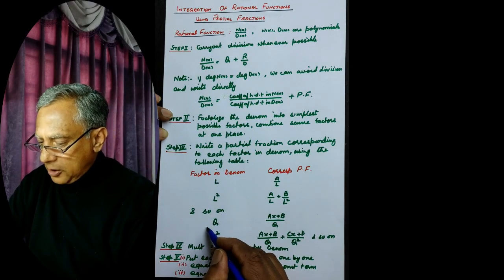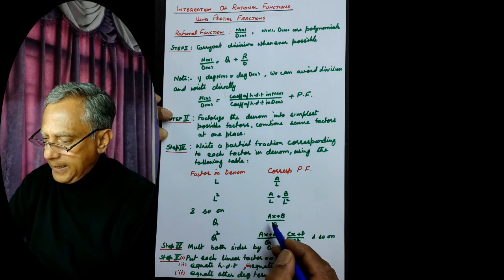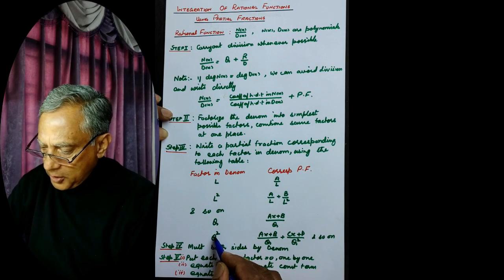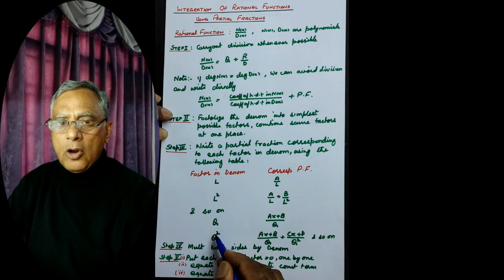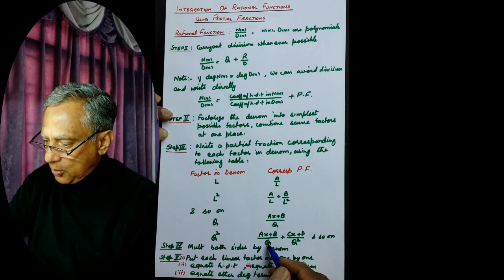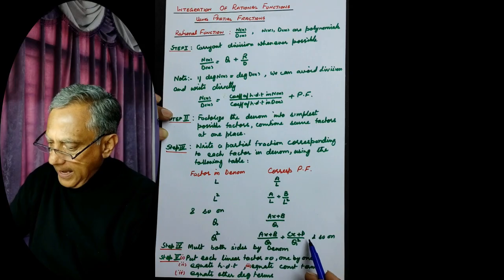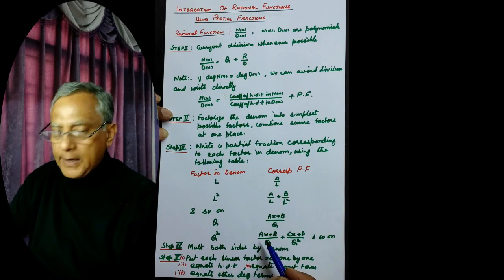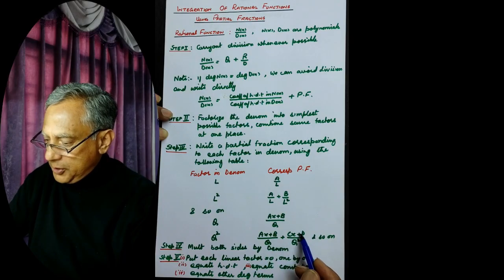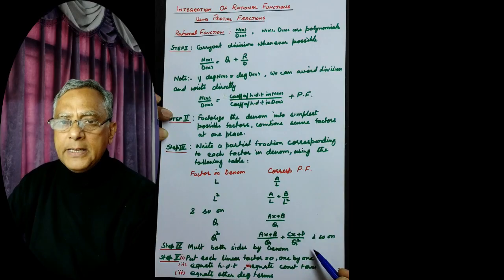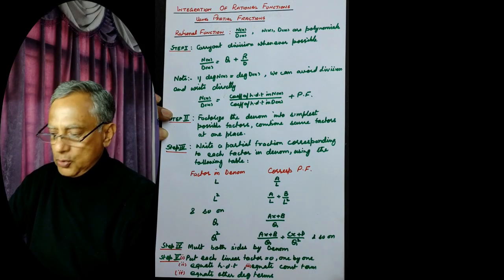If the factor in the denominator is a quadratic square, then we will write Ax plus B over quadratic plus Cx plus D over quadratic square. And if it is quadratic cube, we will write Ax plus B over quadratic plus Cx plus D over quadratic square plus Ex plus F over quadratic cube, and so on.